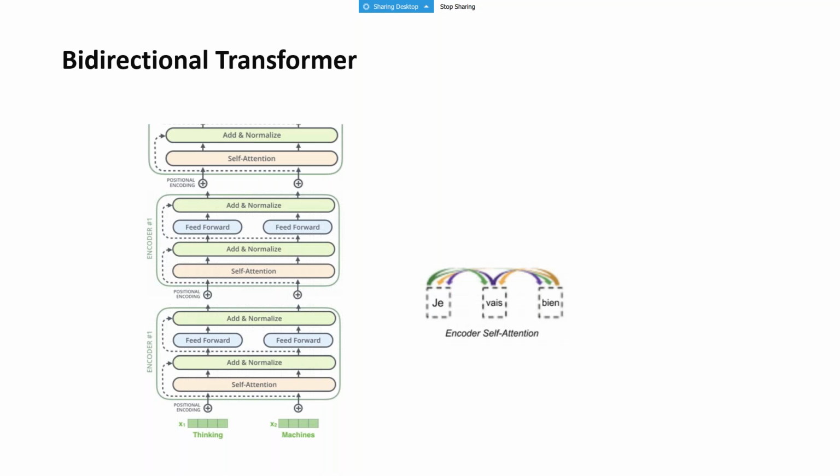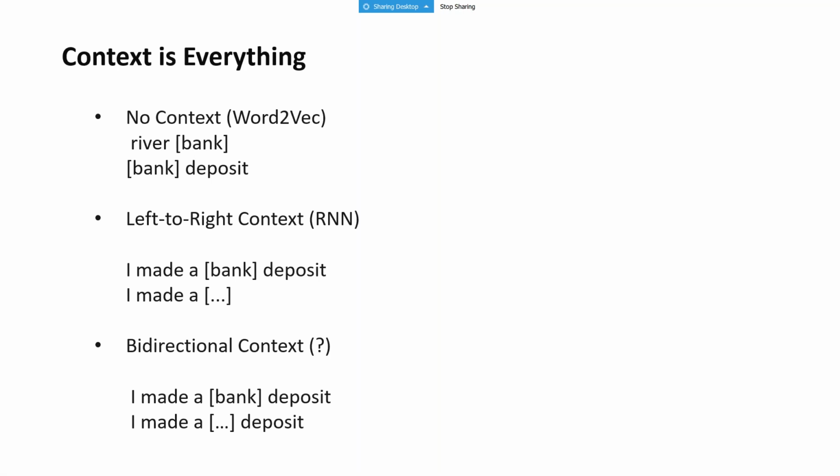That is what self attention is. Here, let's say bank, right? I gave the context, so bank is given more attention. That's why I don't need to worry about left to right or right to left. I'm doing that using attention. So attention is given to the word which is more contextual to that particular sentence.